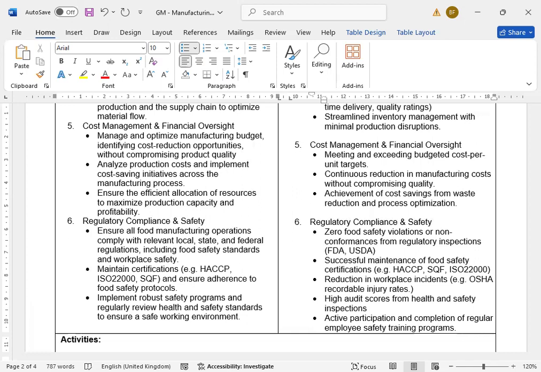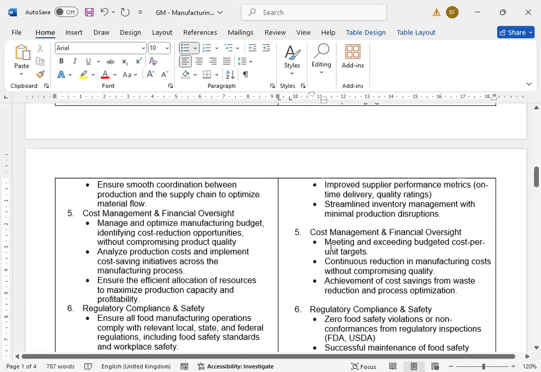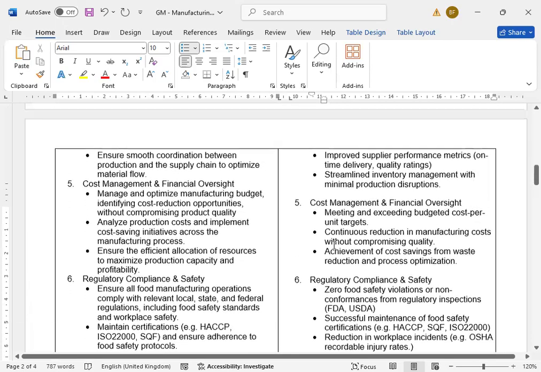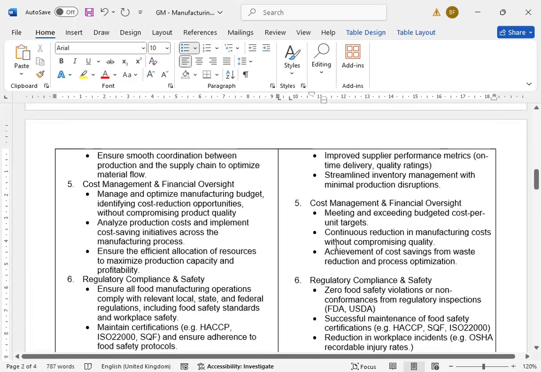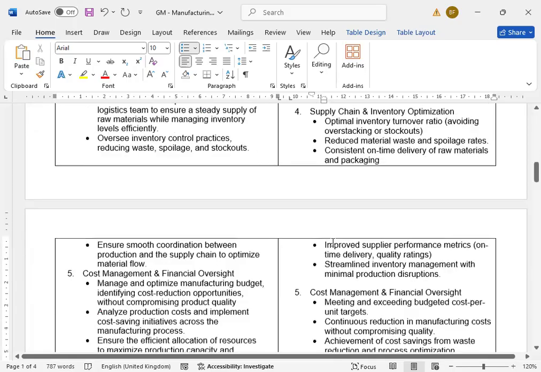Okay, I think this is okay. We covered all the six numbers of the key responsibilities of the manager.